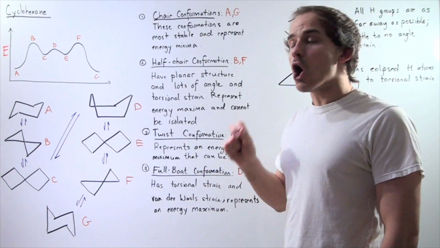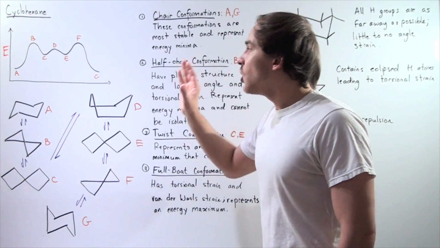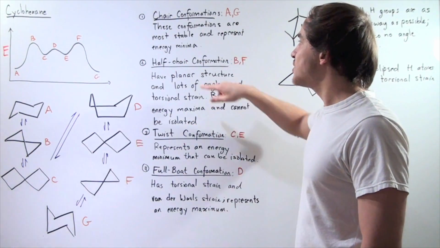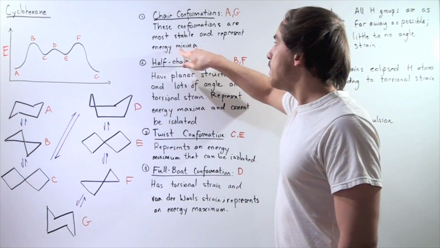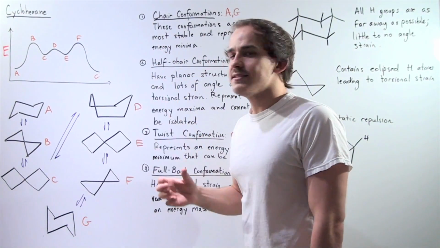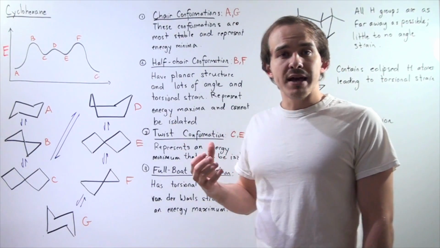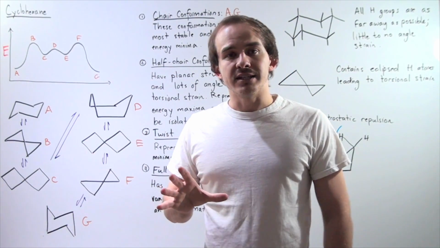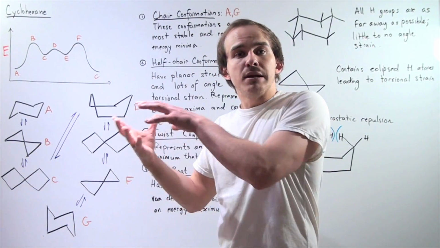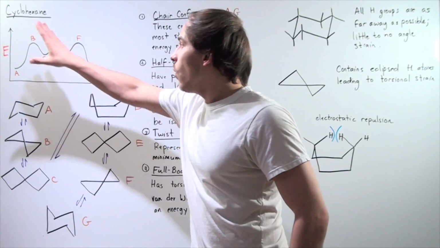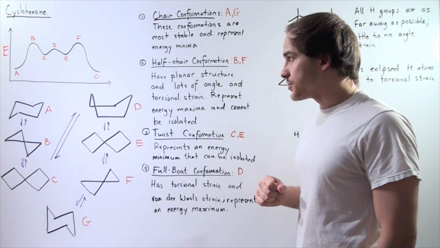These conformations are the most stable. They're lowest in energy, and they're known as energy minima. Energy minima simply means these conformations can be isolated. They're lower in energy than all other conformations.